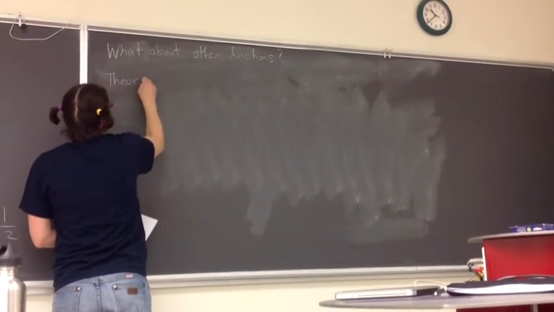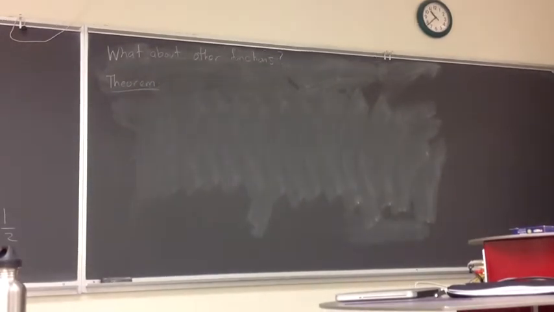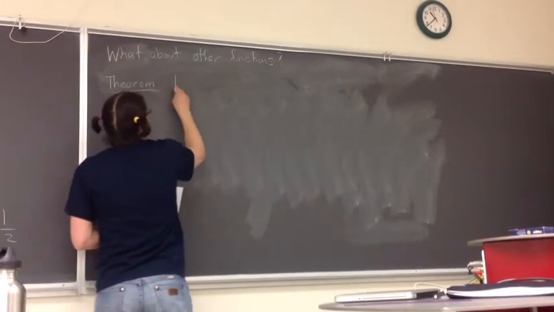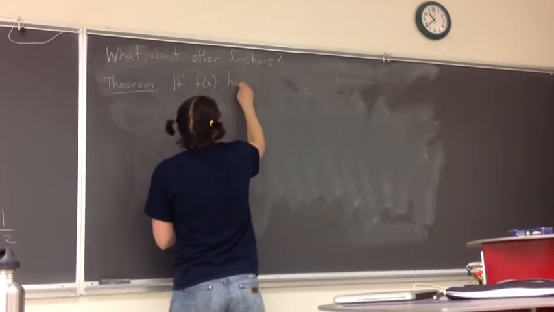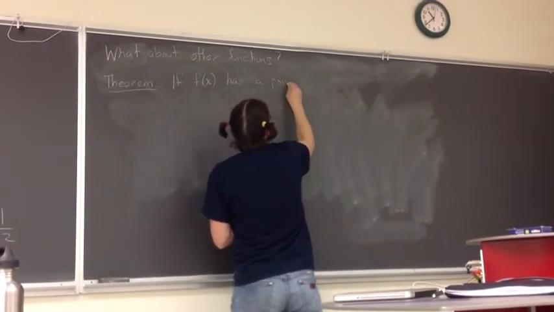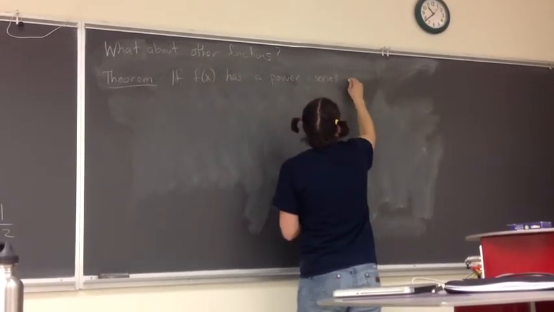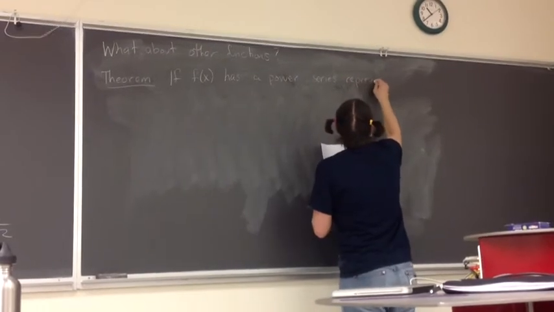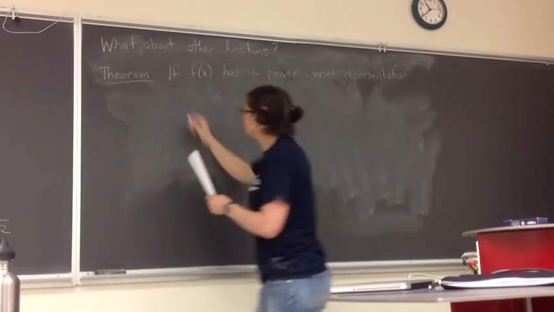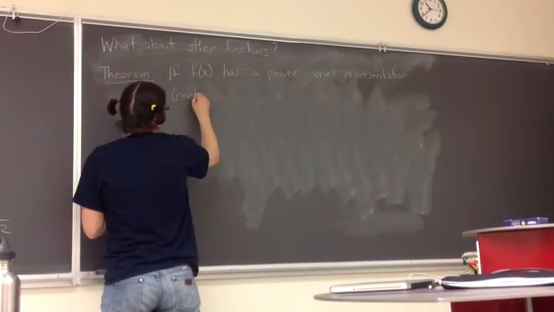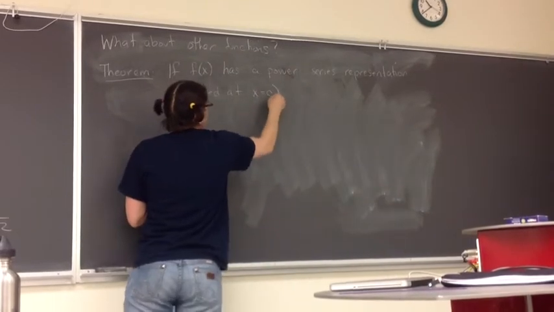All right, to answer this question, we need to write down a theorem. And the theorem says, if f of x has a power series representation, in this case, we're looking at examples that are centered at x equal to 0.